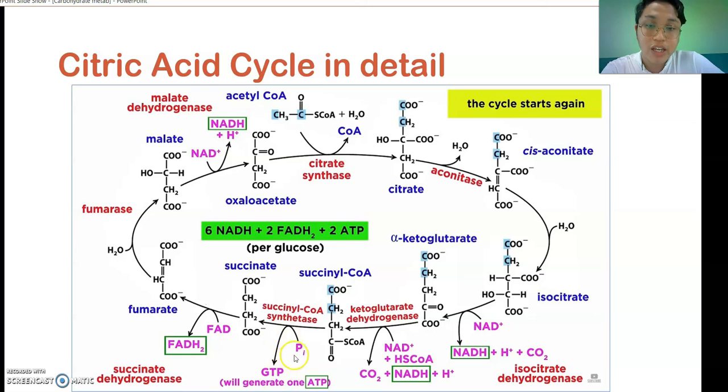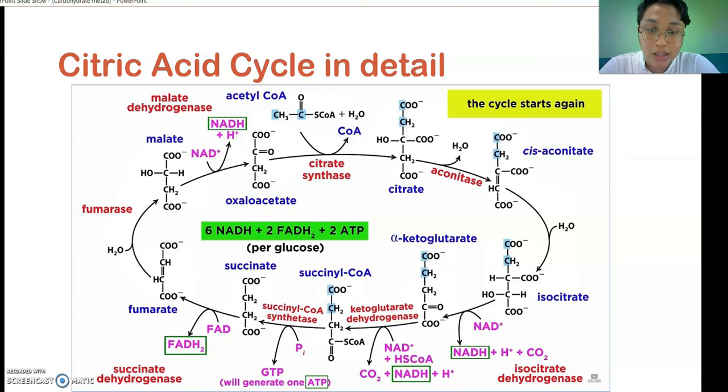So ito ngayon, dito nangyayari yung sinasabi ko kanina na naka-italize yung ATP kasi actually GTP yung na-yield dito. Right? But this GTP will generate 1 ATP. So ano kaya sir pinagkaiba ng GTP at si ATP? So si GTP po ay si guanine triphosphate.